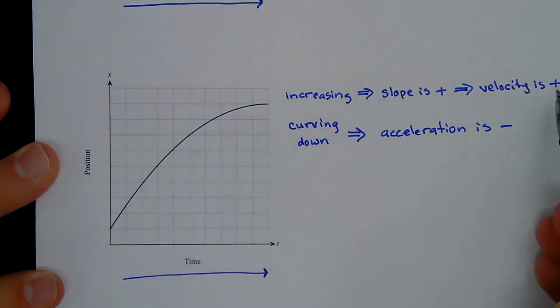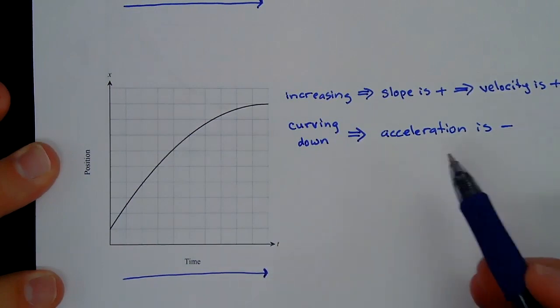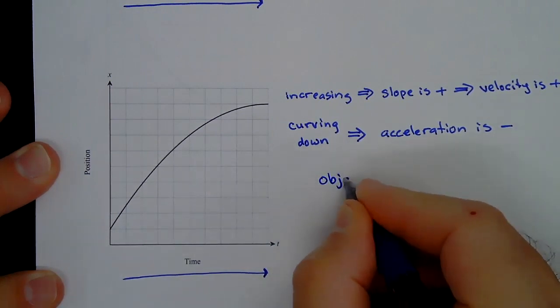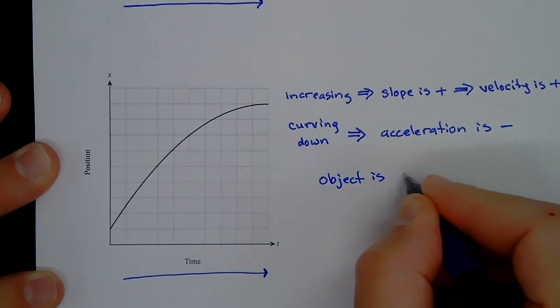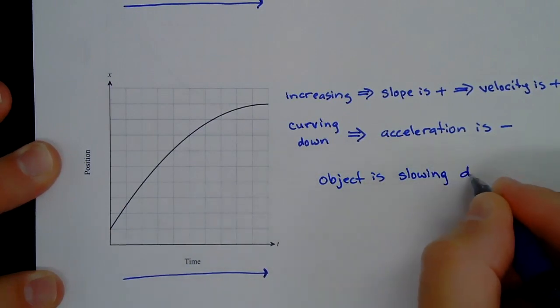Since the velocity is positive and the acceleration is negative, they're opposite signs, and that tells you it's slowing down. So the object, whatever it might be, is slowing down.